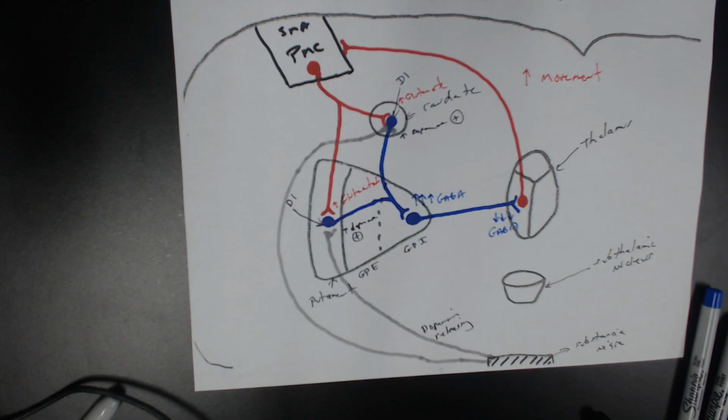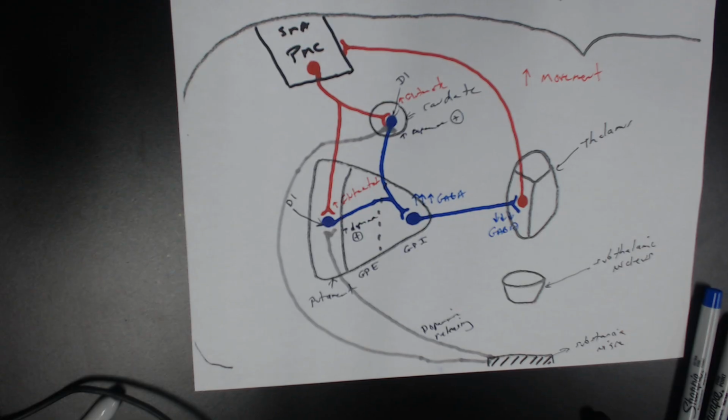So what happens is all of these pathways are already connected. The only thing that's changing is when you think about moving, then you cause the release of a neurotransmitter that's either going to depolarize or hyperpolarize the next neuron in sequence.